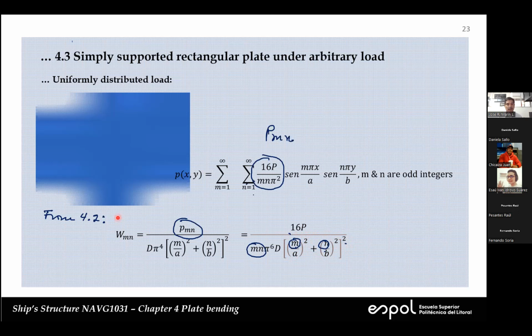That means that to calculate this term, probably you need 1 or 2 terms, and that's all you need, because it decreases very rapidly. This is specifically for the case of uniformly distributed load. Only for that case.